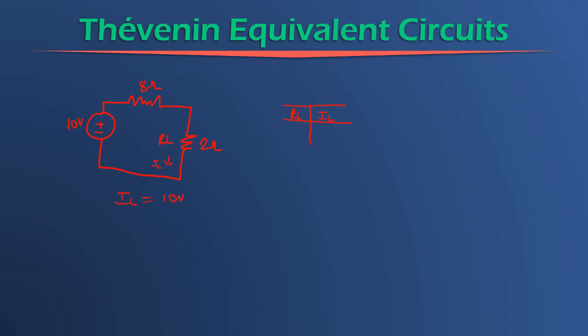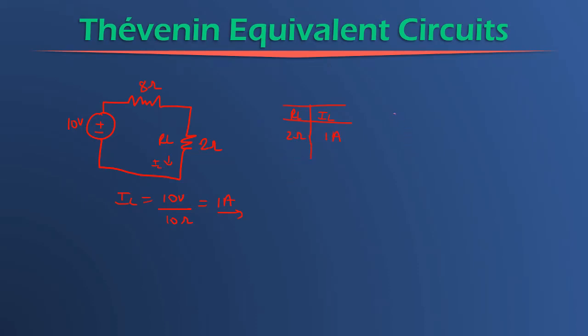That will give me 10 volts divided by 8 ohms plus 2 ohms, which gives me 10 ohms, which will give you a current of 1 amp. So for a load resistance of 2 ohms, I get a current of 1 amp.